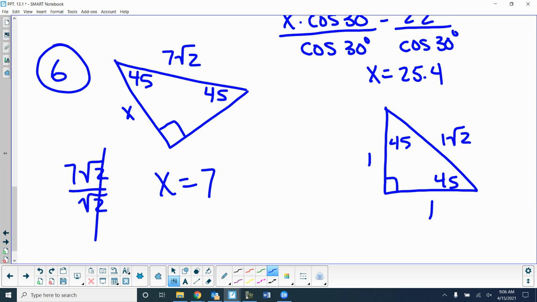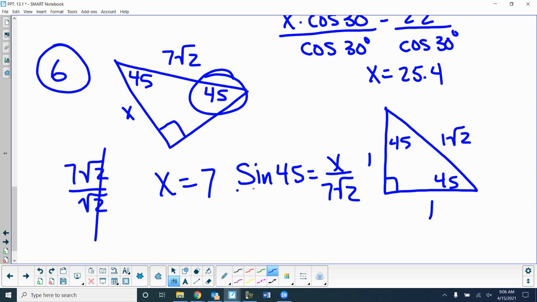If we're doing what they asked, they gave us this, so that's opposite over hypotenuse, so we go sine of 45 equals x over that. If you do the cross multiplying, 1 times x equals 7 radical 2 times the sine of 45.